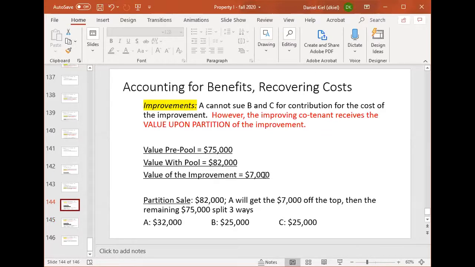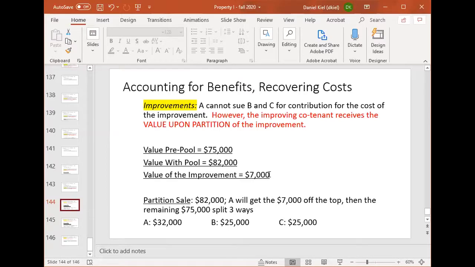And since it can be very, very difficult, the better way to solve these problems, rather than trying to go through this whole thing, is to have the co-tenants come to some sort of agreement about how they're going to split the value of the improvement, the costs of the repair, whatever it is.